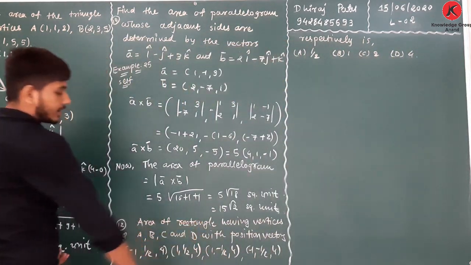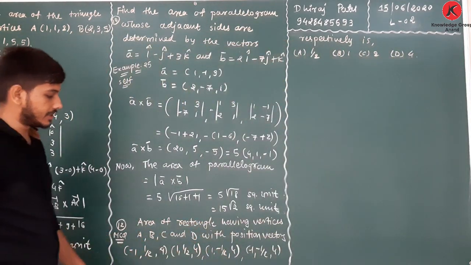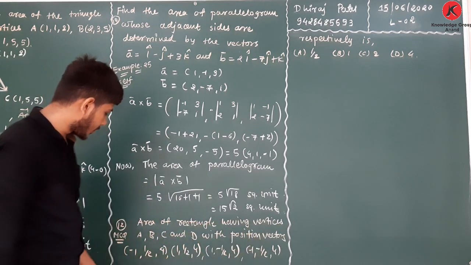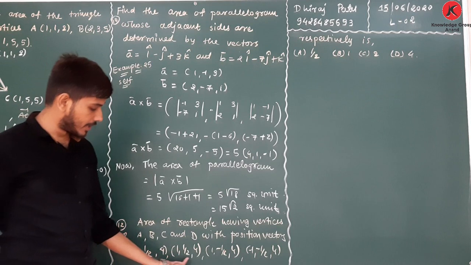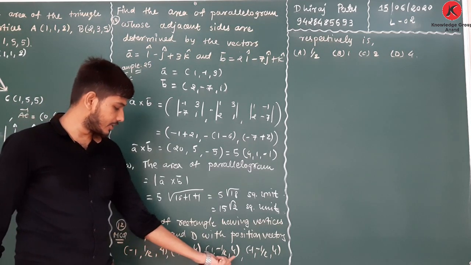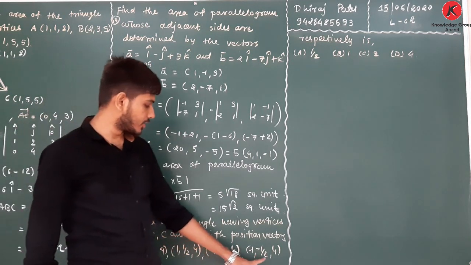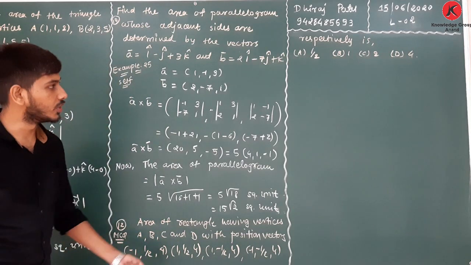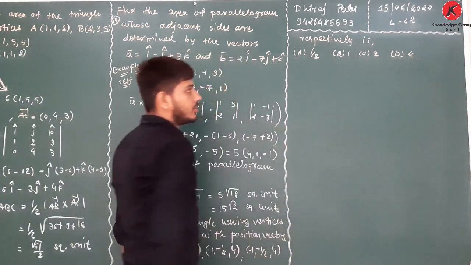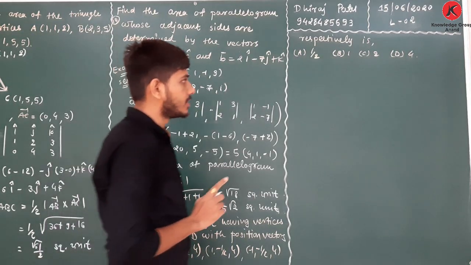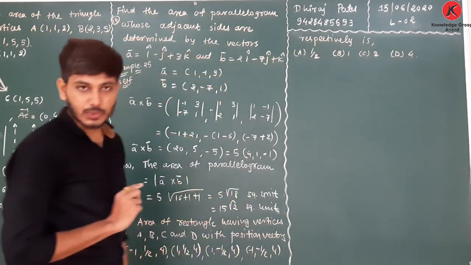The area of the rectangle having vertices A, B, C and D with position vectors minus 1, 1 by 2, 4; 1, 1 by 2, 4; 1, minus 1 by 2, 4; and minus 1, minus 1 by 2, 4 respectively is: option A 1 by 2, option B 1, option C 2, option D 4.